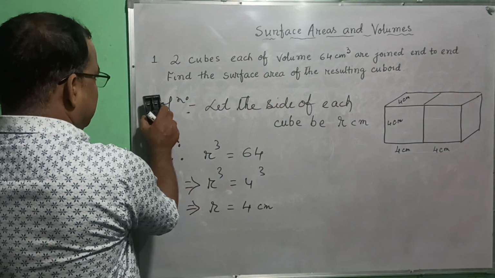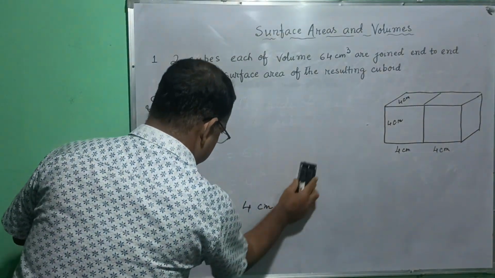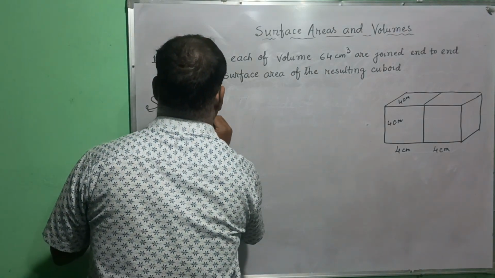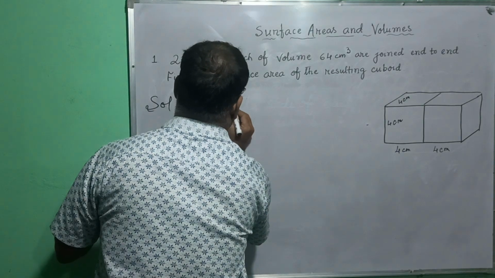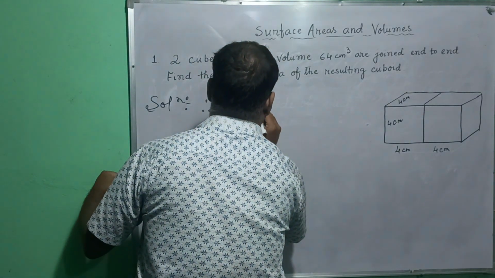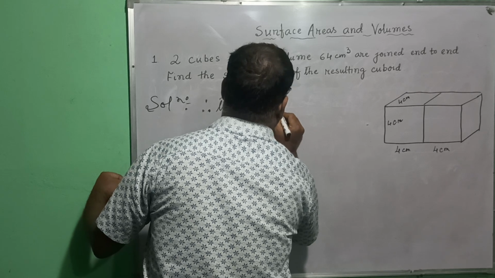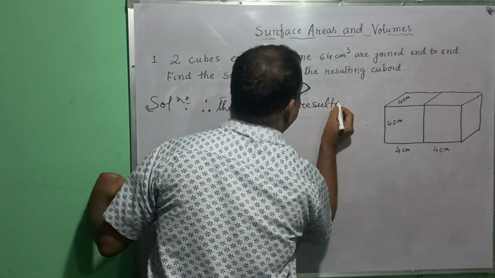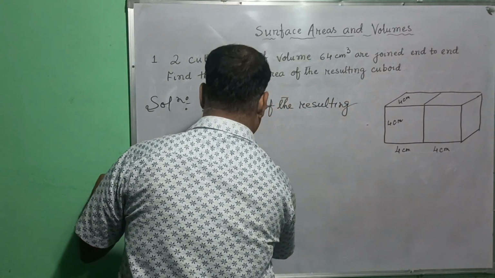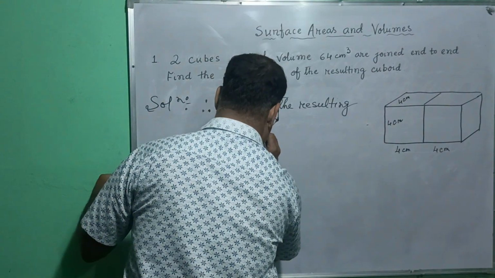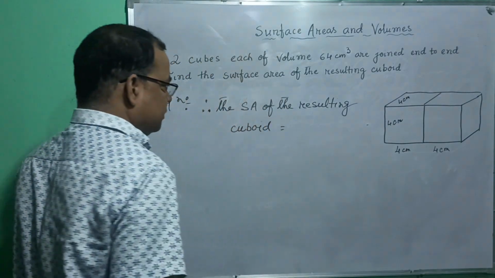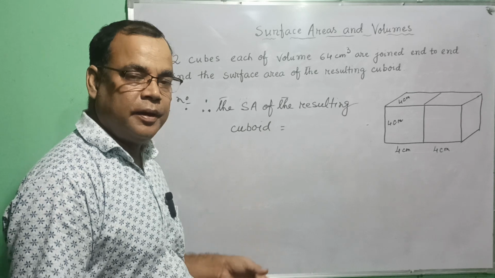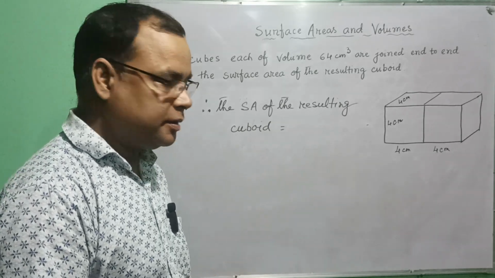Now we'll find it. We can write, therefore, the surface area of the resulting cuboid equal. So what is the formula of the total surface area of a cuboid? In my previous video I have given all these formulas.